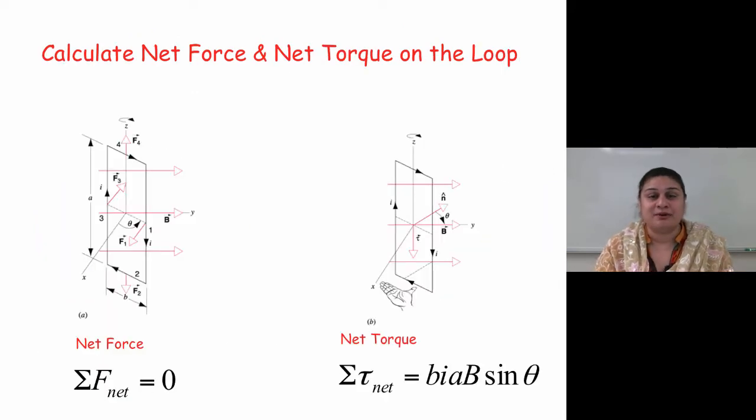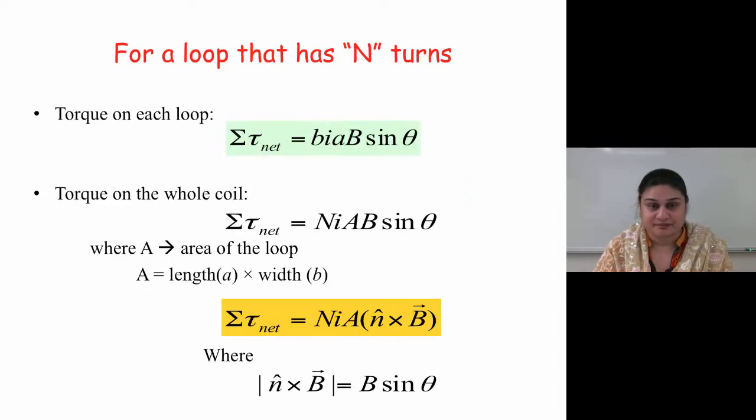So the net force and the net torque on the loop in an external magnetic field will be given by this. The net force will be 0. However, the net torque will be given by BIAB sine of theta, where A and B are the length and the width of the loop that's carrying the current. A is the area, and B is the strength of the external magnetic field.